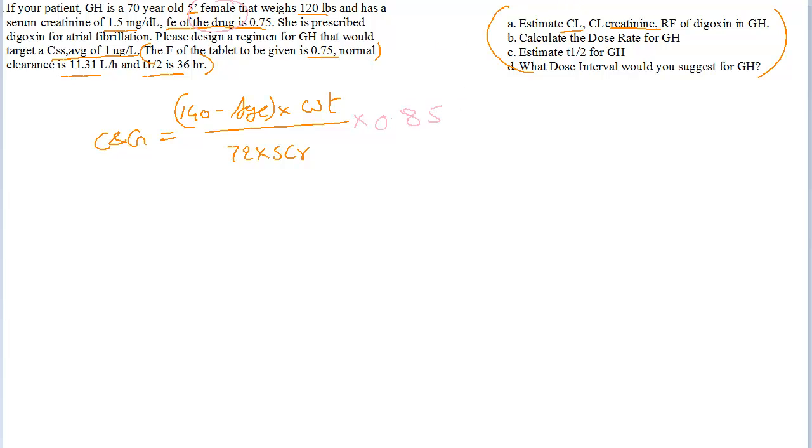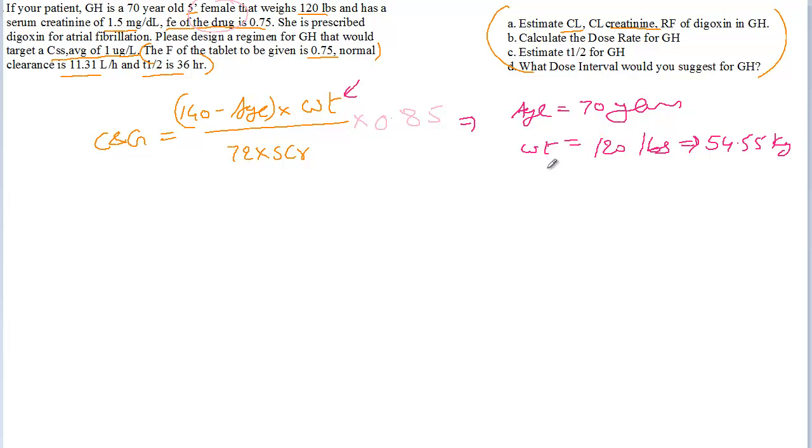Okay, so let's plug in the values here. The age is 70 years. The weight is 120 lbs, but we need to plug in these values in kilograms. Let's convert this into kilograms. 120 lbs is 54.55 kilograms.